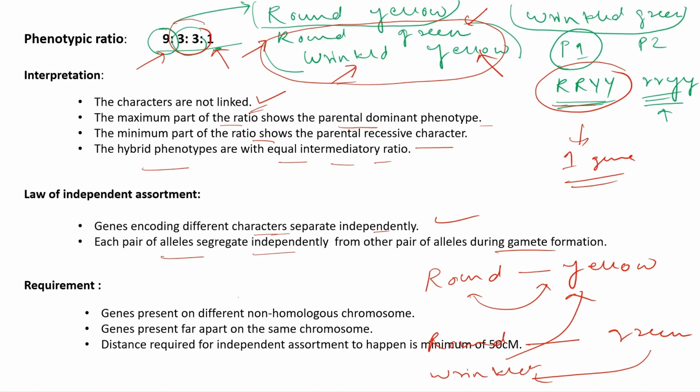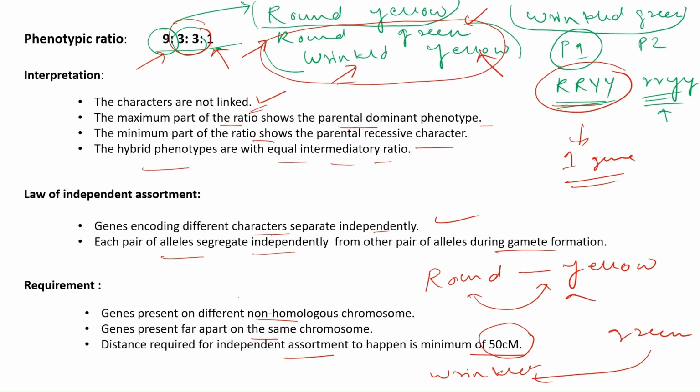The genes should either be present on different chromosomes, or if they are present on the same chromosome, they should be present very far apart. The minimum distance required for independent assortment is a minimum of 50 cM, that is centimorgan. So a minimum of this much distance between the genes is required for independent assortment.